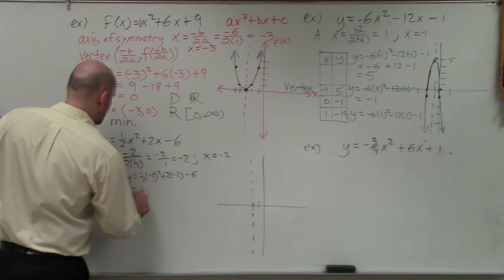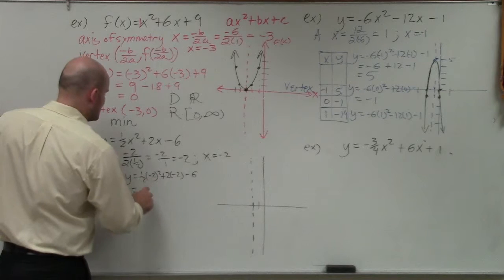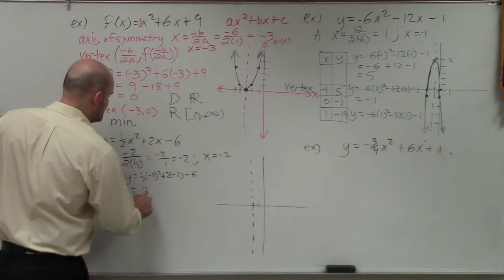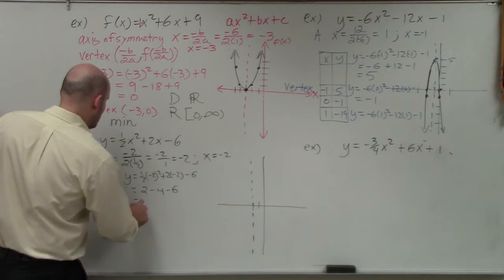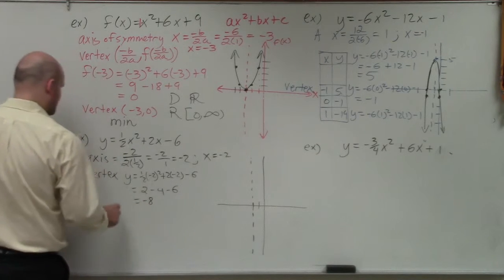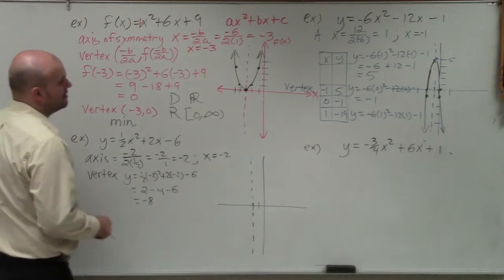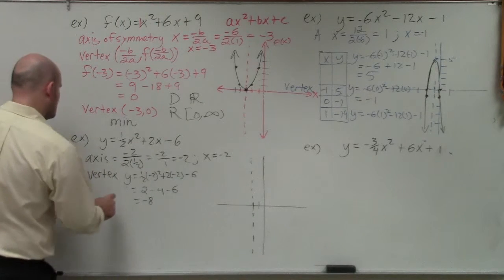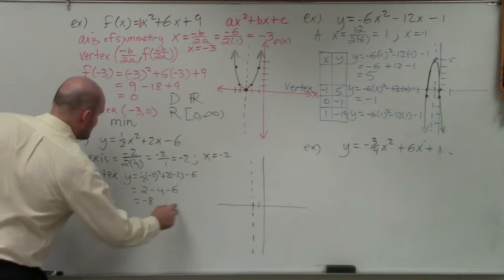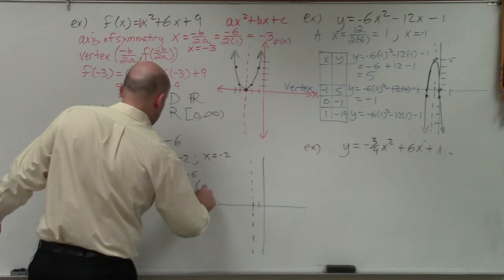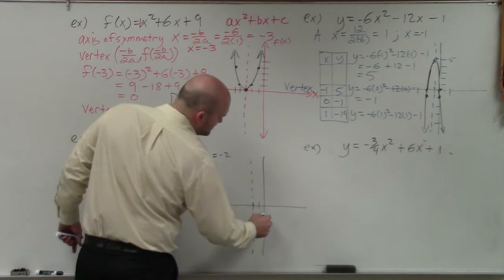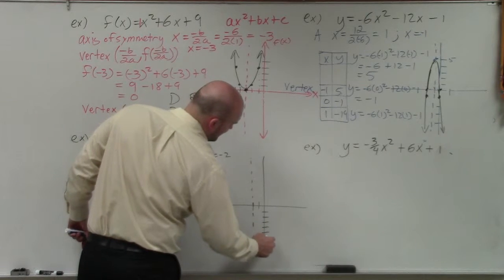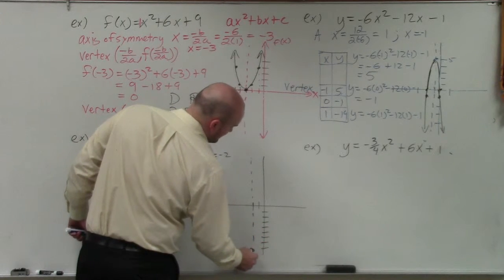So I have -2 squared is going to be +4. +4 times 1/2 is 2, minus 4 minus 6. So therefore, that's going to equal -8. So my vertex, I forgot to go over that one. So my vertex in this case is going to be at -2, -8. So I go over 2, now down 8. 1, 2, 3, 4, 5, 6, 7, 8.